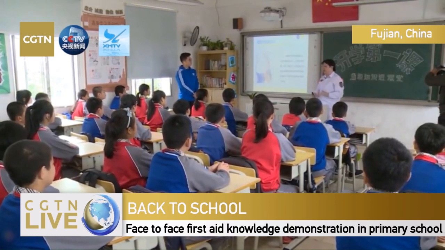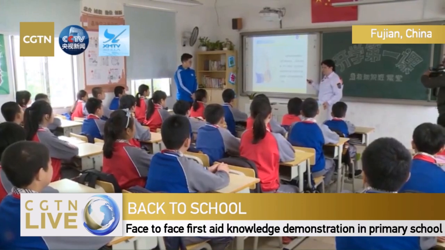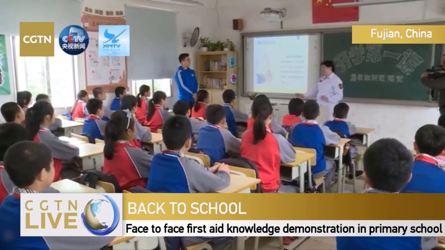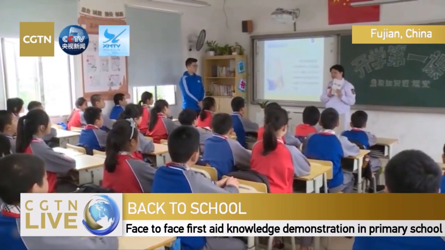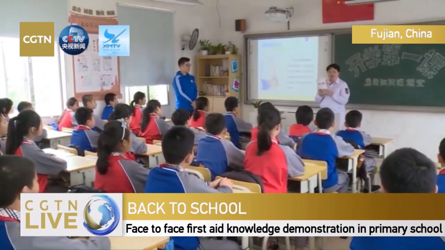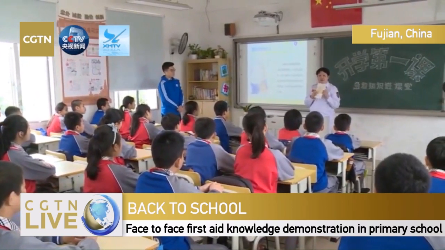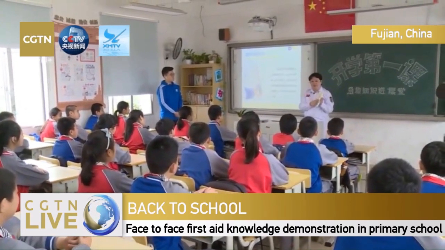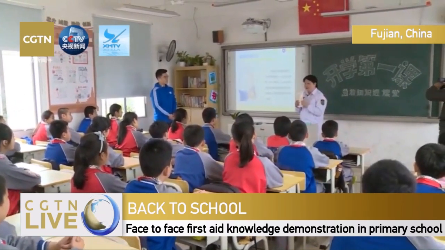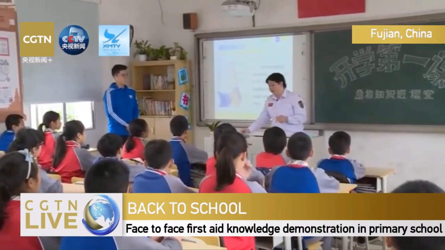You have to find a bandage to act as a permanent source of pressure. So at your home, we suggest that you have this bandage prepared at all times in case of an emergency. If you open up this package, there will be a triangular bandage.